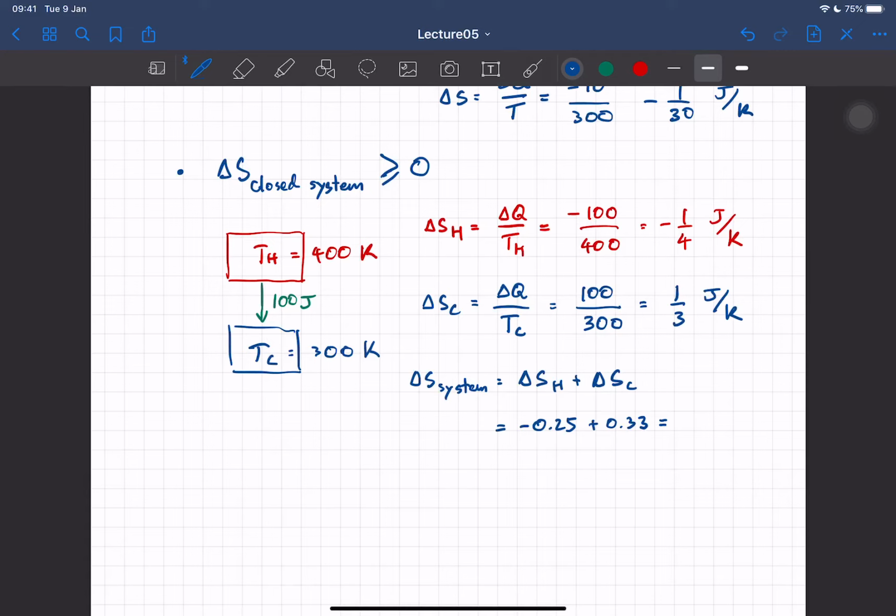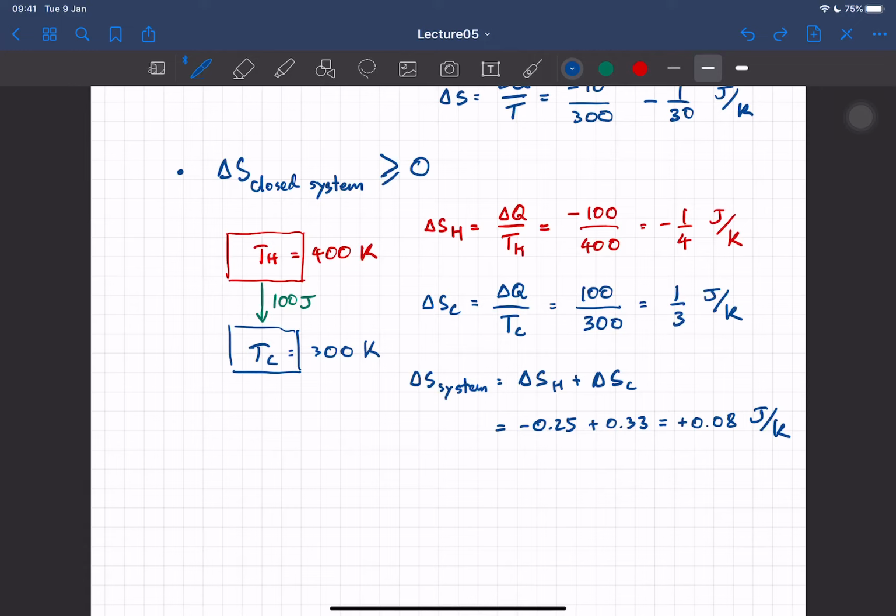So in the end, you're going to have delta S of the system to be plus about 0.08 joules per Kelvin, which is positive. This is fine, because remember, the change of the entropy of the closed system must be greater than or equal to 0. In this case, we have it greater than 0, 0.08. This is fine.